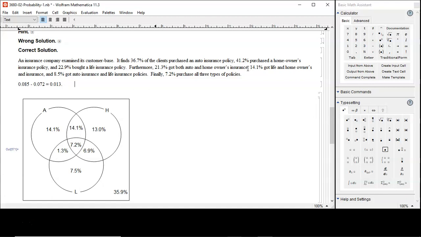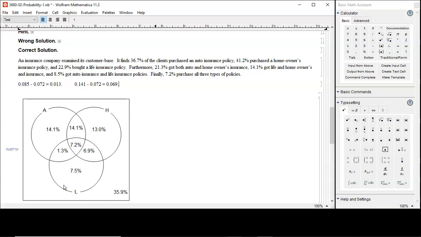How about this 14.1% life and home? Life and home, so this entire football is 14.1, minus 7.2% of people are already counted. So what's left is 0.069, 6.9%. That's how we get this number. And then with appropriate subtraction, similarly, we're going to get that.